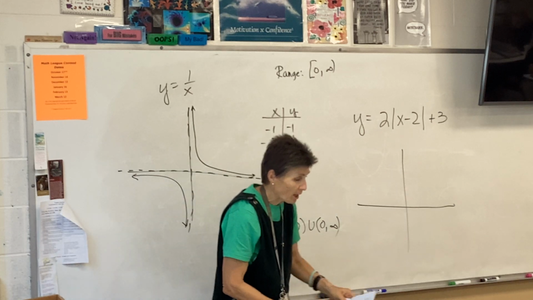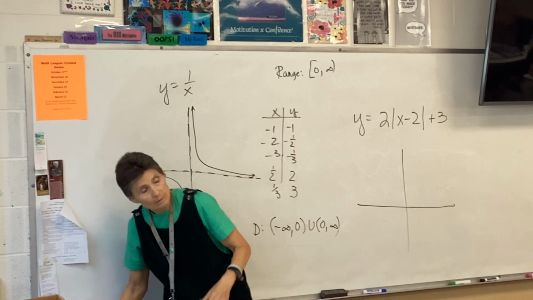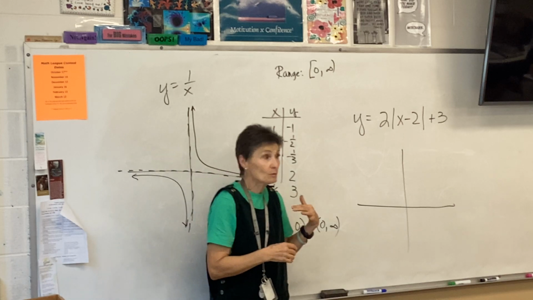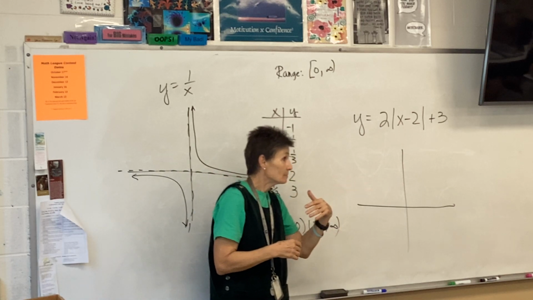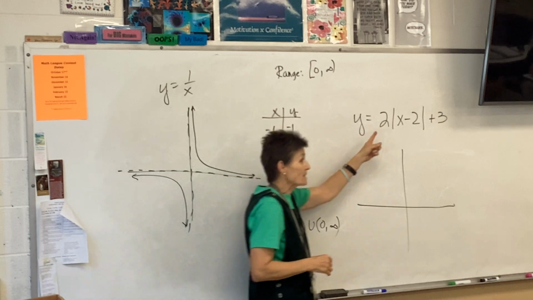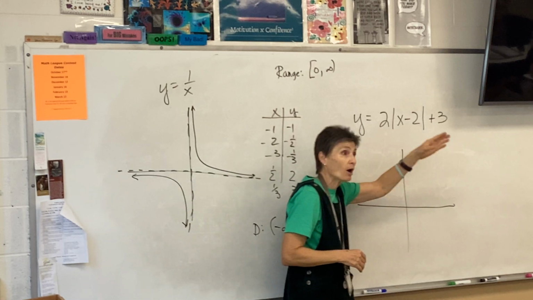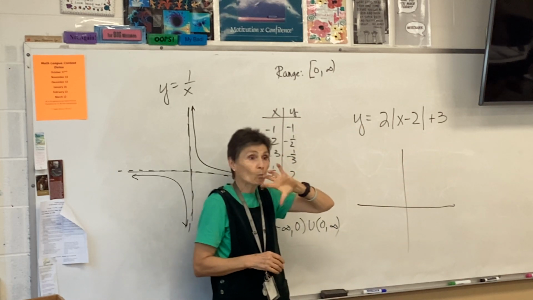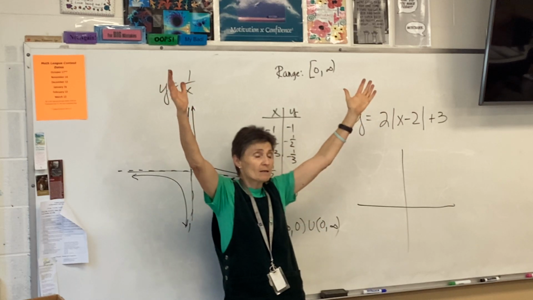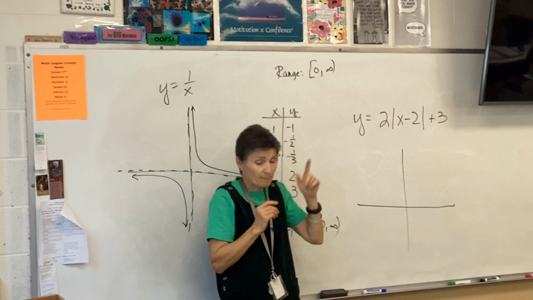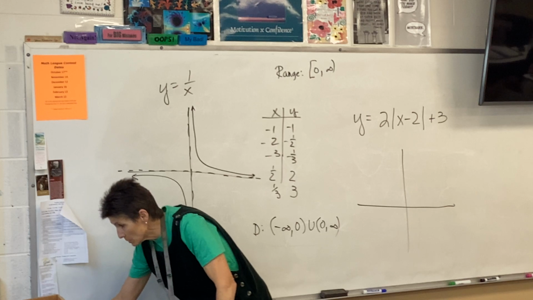So which of our basic functions are we going to use? A v. And these are the transformations that we've been talking about. So think about what's going to happen. Here's my v. What's going to happen to it? Think about that for a second and see if you can sketch it.